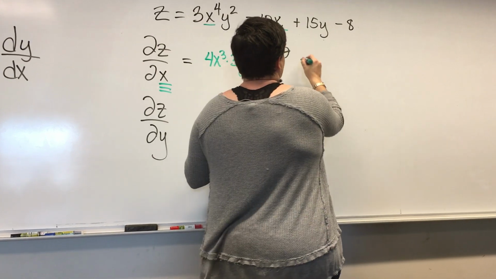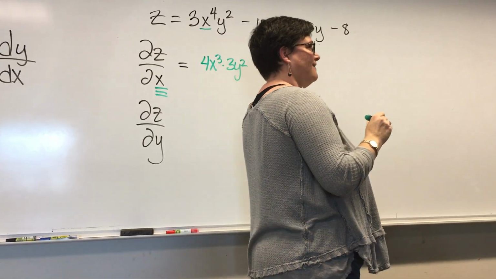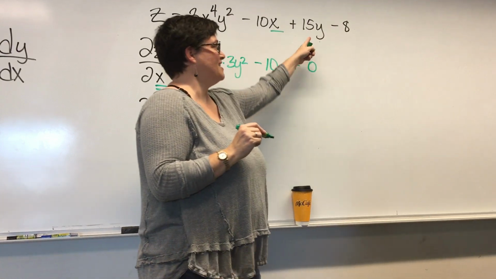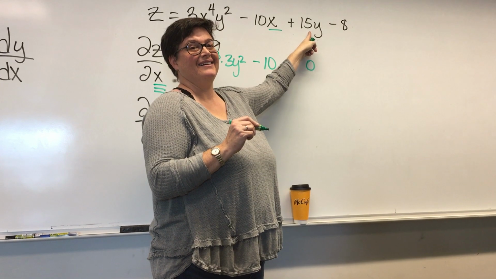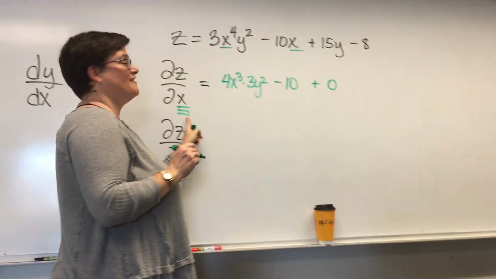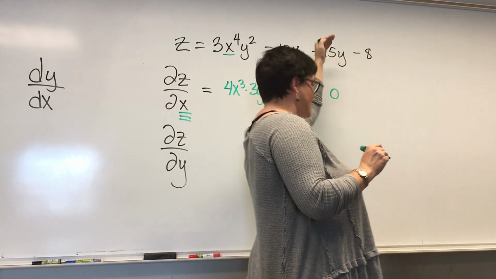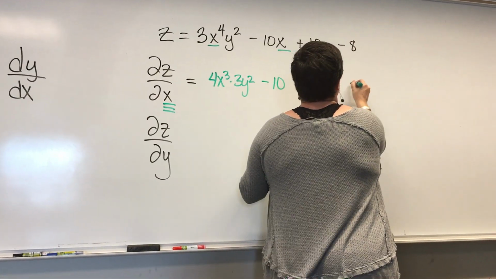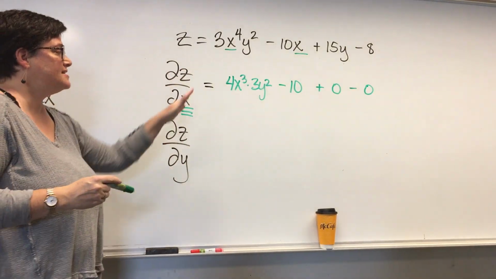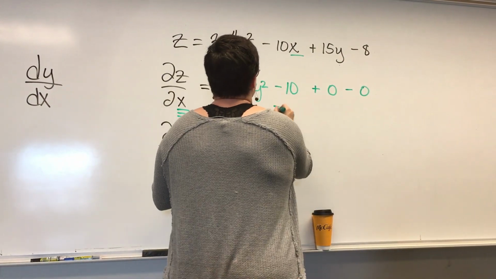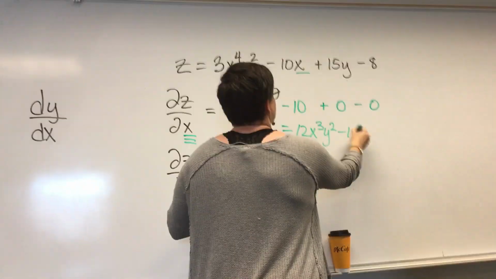Just 15? Why not 15? Does it contain a variable? No. Our variable is x, only x. It doesn't contain the variable, so it's a constant. It falls off. You kill it. And that 8 is also 0. So if I were to simplify this, I would say it's 12x cubed y squared minus 10.